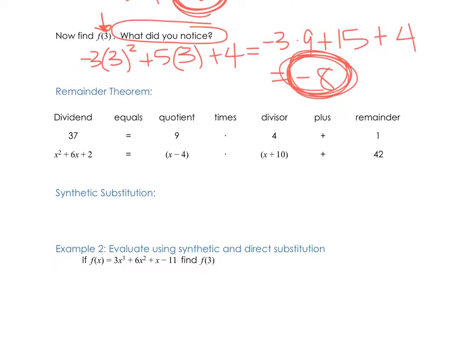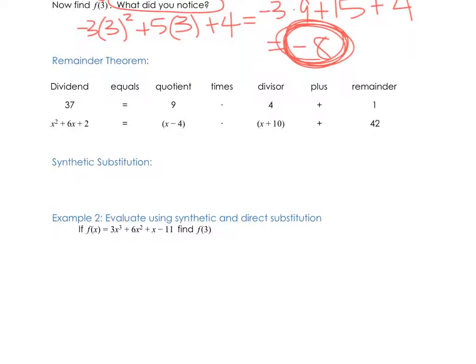If we look down here at the remainder theorem, it shows us that a dividend is equal to the quotient times the divisor plus the remainder, just like a polynomial is equal to the quotient times the divisor plus a remainder. So synthetic substitution is an easy way to find the value of a function.